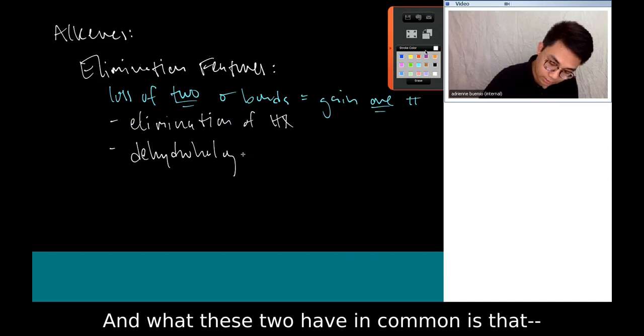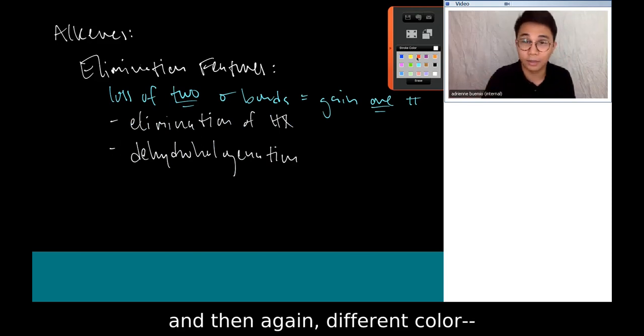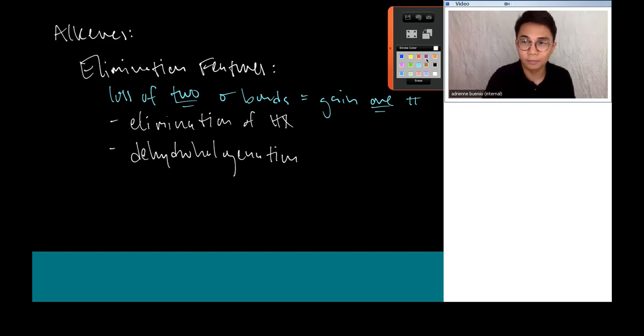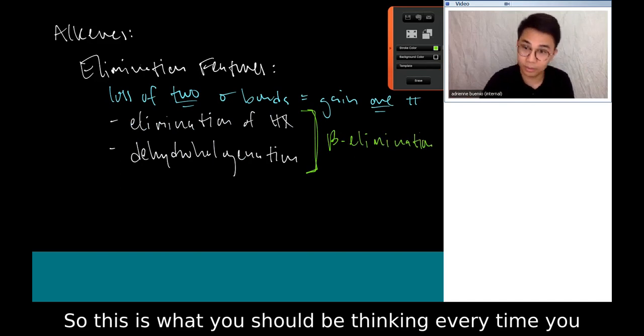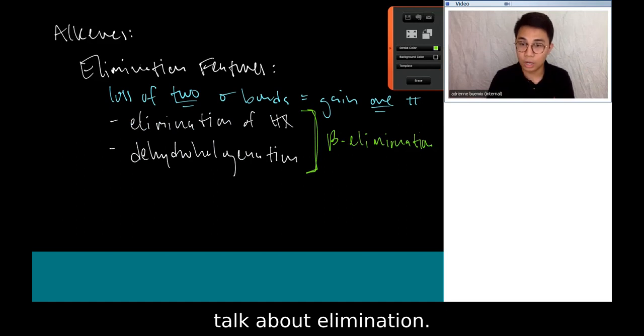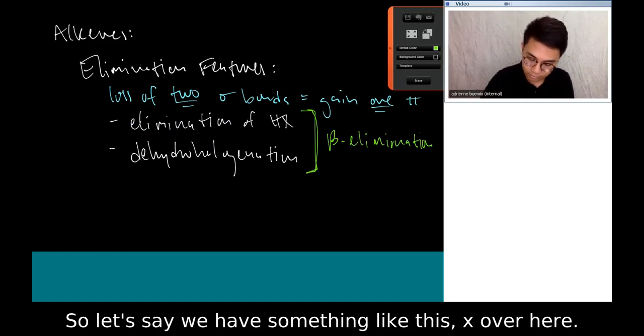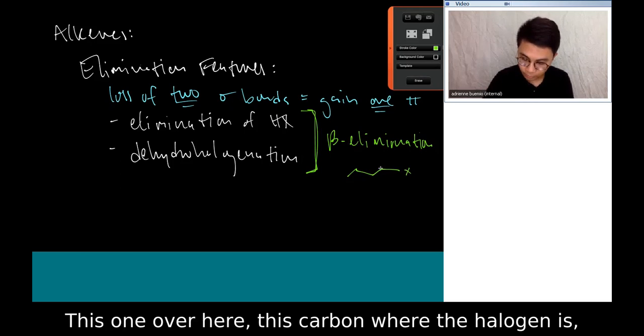And what these two have in common is beta elimination. So this is what you should be thinking every time you talk about elimination, right? So let's say we have something like this, with X over here.